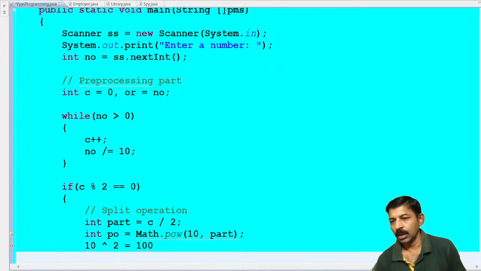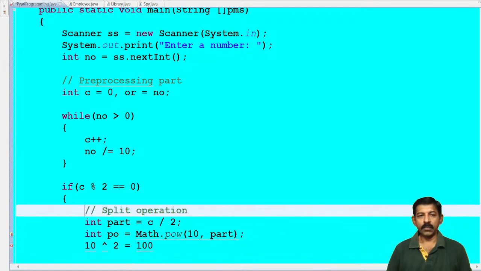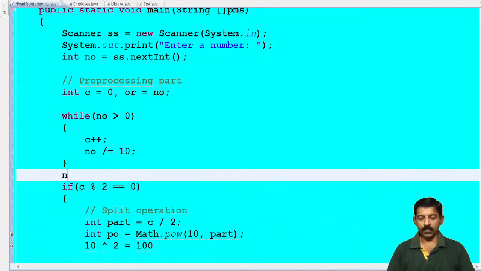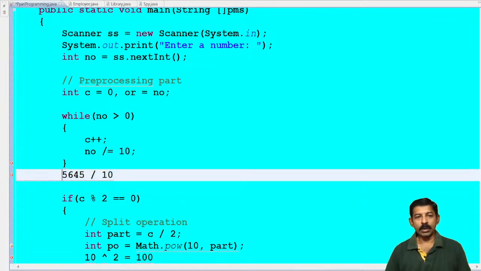Understand I am explaining? If I am dividing a number by 10, I am getting the quotient part. Suppose the number we have taken is 5 4s. When I am dividing it by 10, what am I getting? I am getting the quotient part, these 3 digits.